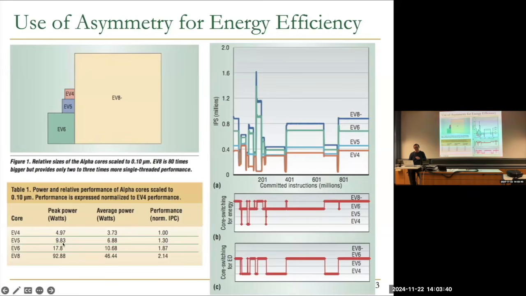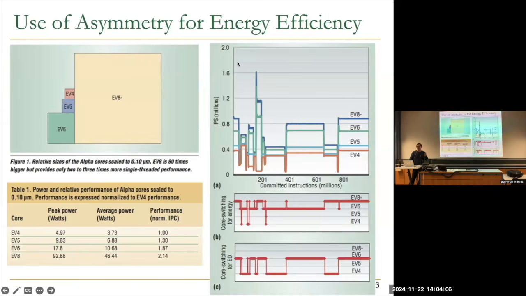EV5 has a much higher peak power, but performance is 30% higher. And EV8 has huge peak power, as you can see, comparatively. I don't know if these numbers are correct, actually, because EV8 was never implemented. So take that with a grain of salt. But performance is also double, let's say. Anyway, basically, you have a variety of cores with a variety of performance, energy and power characteristics.